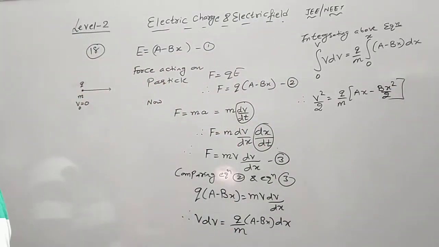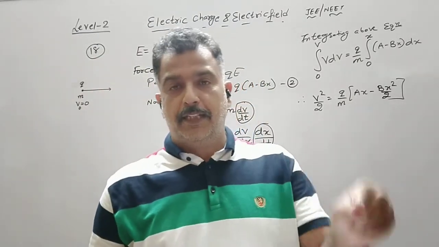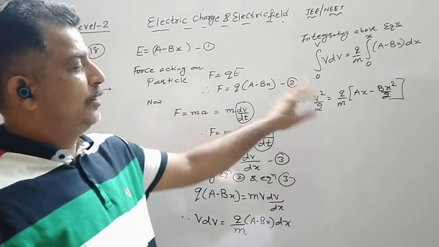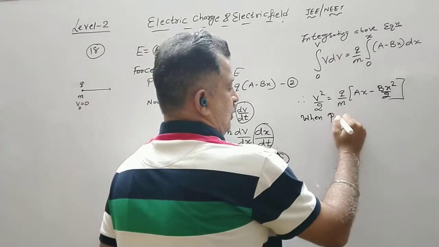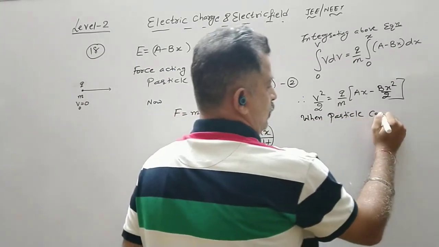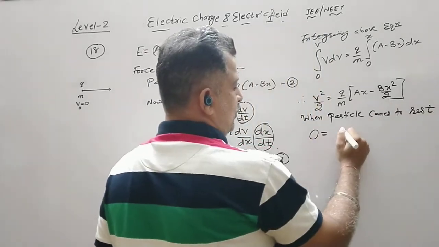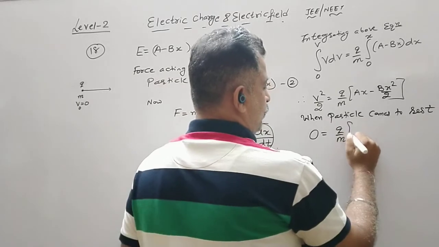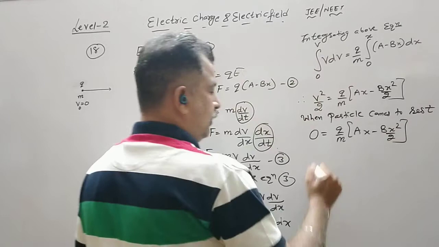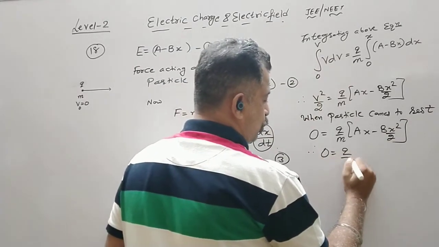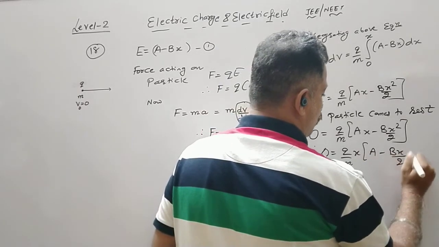Now it is asked to find the distance traveled by the particle till it comes to rest. So when the particle finally comes to rest, its velocity should be equal to 0. So I can write 0 is equal to Q by m times (Ax minus Bx square by 2). Therefore, 0 is equal to Q by m times x, taking x as common, (A minus Bx by 2).